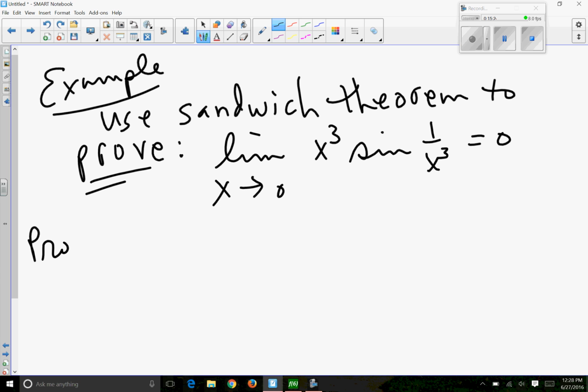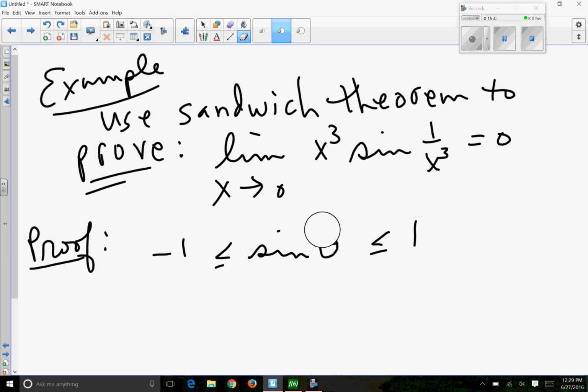So the proof goes like this. We start by saying the sine of anything is between -1 and 1. It doesn't matter what I have written here. I'll write theta temporarily. The sine of any angle is between -1 and 1. So this is true no matter what's in that spot where theta is. So in that spot, I'm going to put 1 over x cubed.